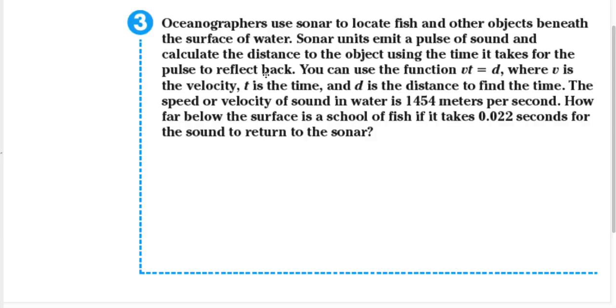So you can use the function vt equals d, where v is the velocity, t is the time, and d is the distance. Okay, so the speed or velocity of the sound in water is 1,454 meters per second. How far below the surface is a school of fish if it takes 0.022 seconds for the sound to return to the sonar?